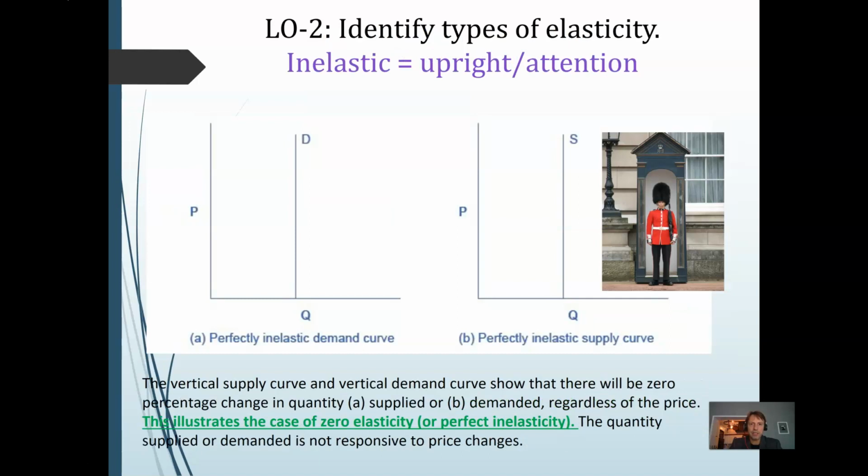Inelastic, upright, whether it's a demand curve or a supply curve, perfectly inelastic, straight up and down, reminds me of going to Buckingham Palace, seeing the changing of the guards and the guards standing at attention. That idea of being very rigid, or the steep inclining car, a picture of being up and down, I kind of think of myself in soldier format.